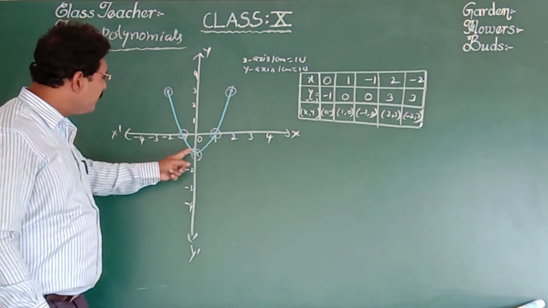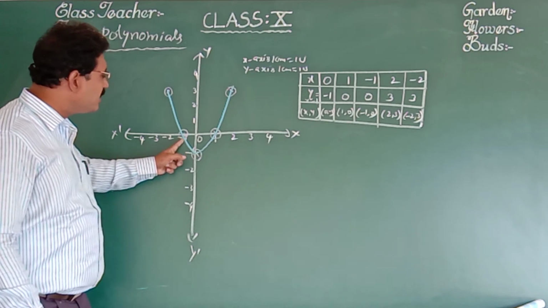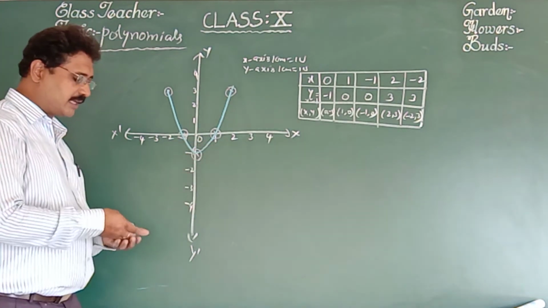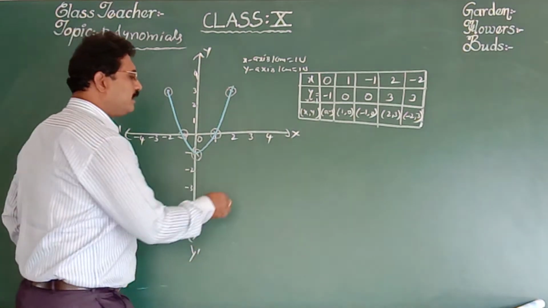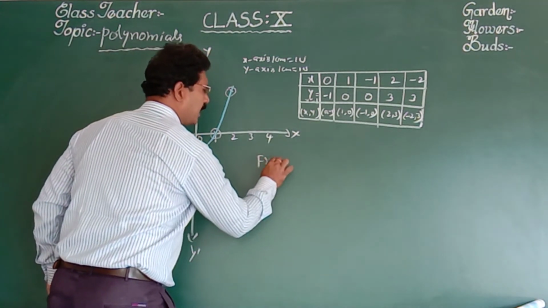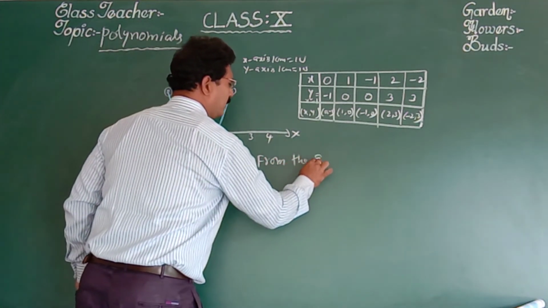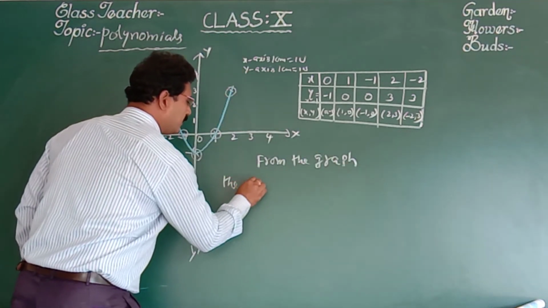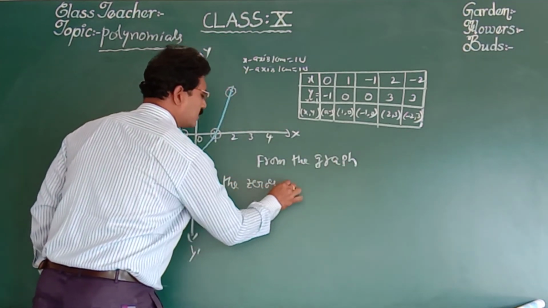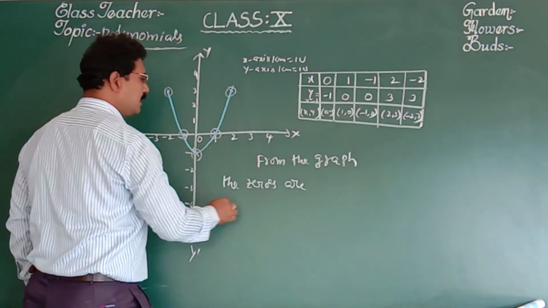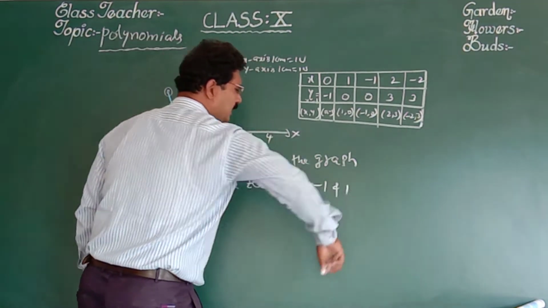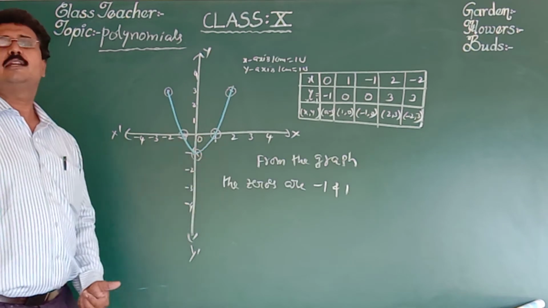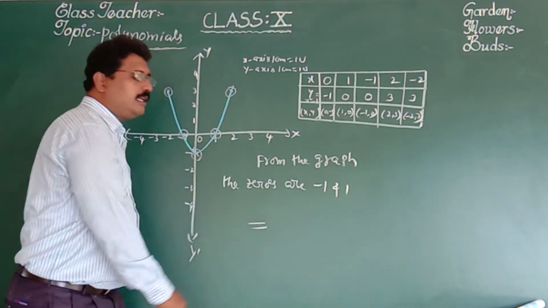Here, the parabola touches the x-axis at the points minus 1 and plus 1. Therefore, what conclusion do we have to write? From the graph, the zeros of the given polynomial are minus 1 and plus 1. This is the way to draw the graph.